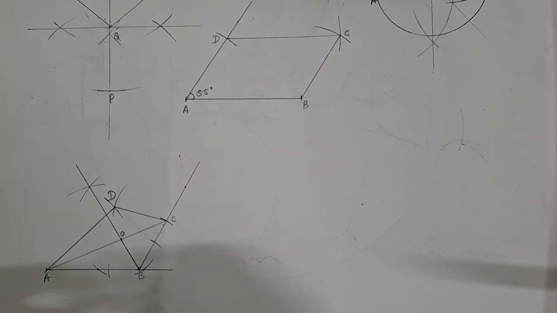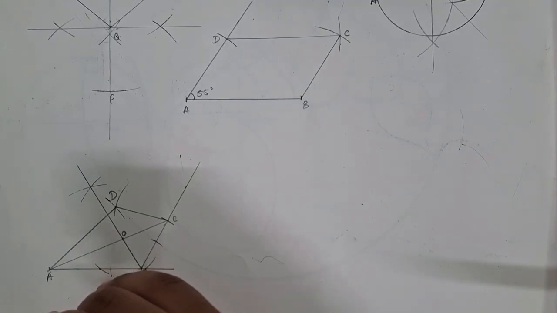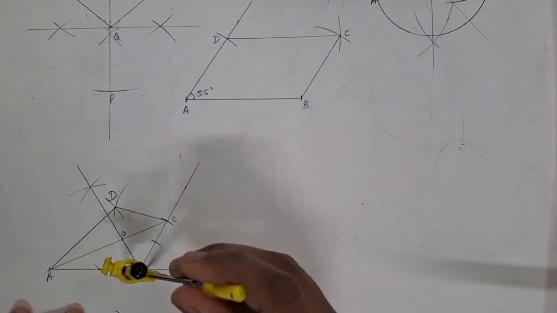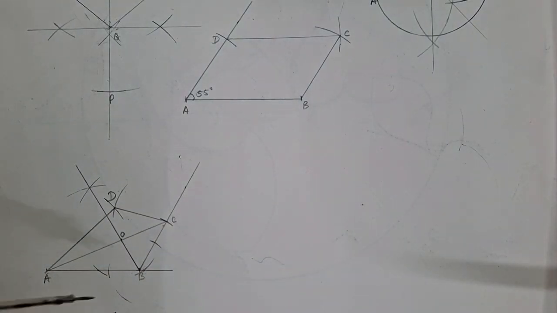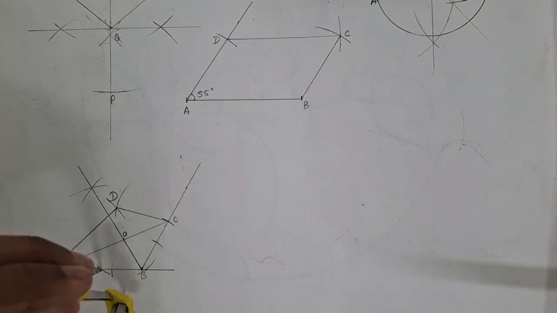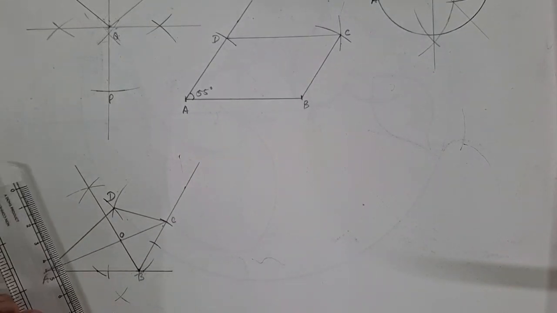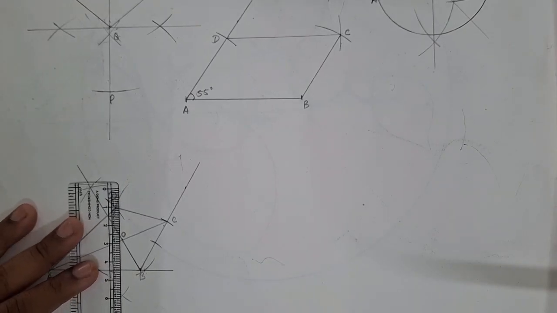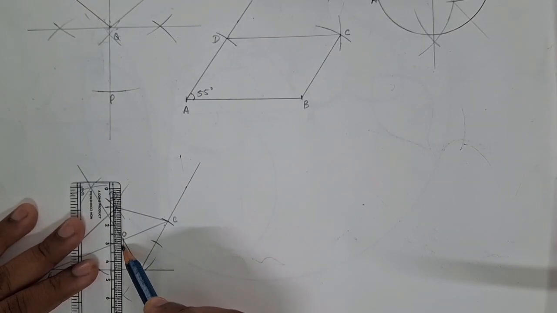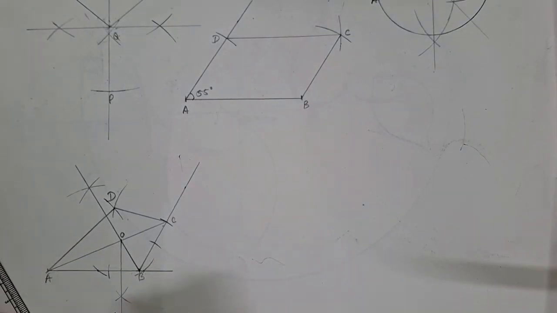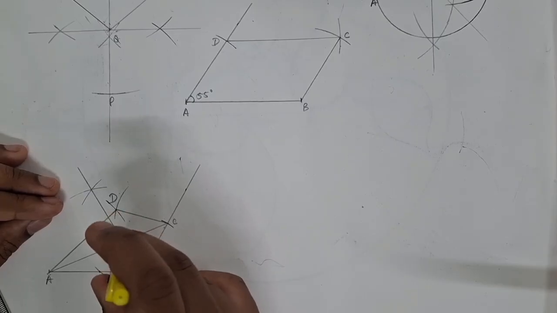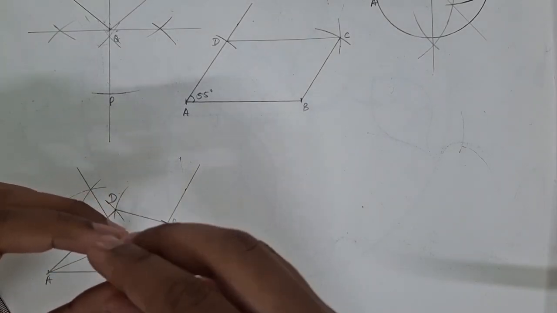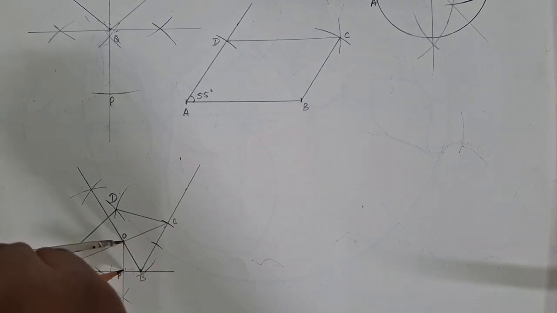Now from these 2 points, I will draw two arcs and join it with point O. Now I got a new point, let's name it as P. Now taking OP as the radius, this is the radius of my circle that I will be inscribing.